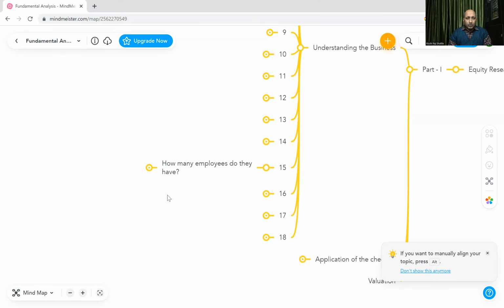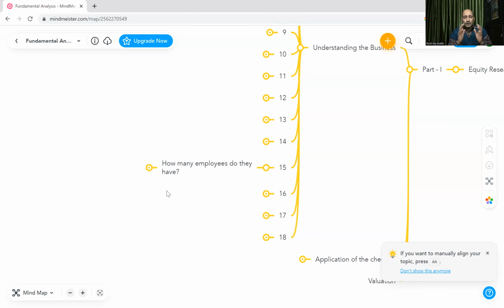How many employees do they have? Again, this is also important. If the company is working in such a sector where they are too dependent on laborers, skilled or unskilled manpower, we have to see whether they will be able to manage this labor-intensive business and whether they can scale up.